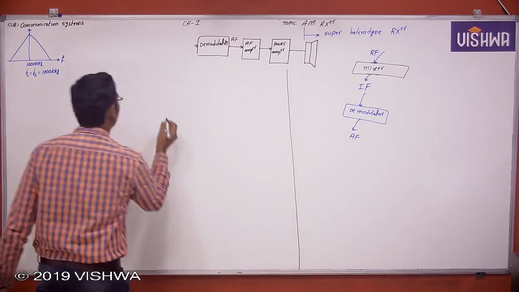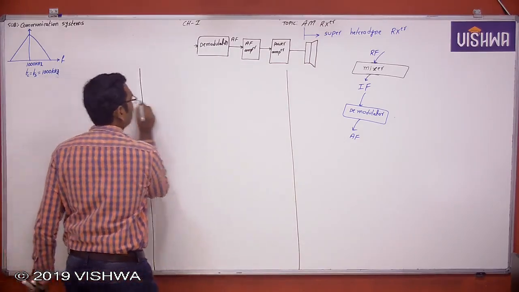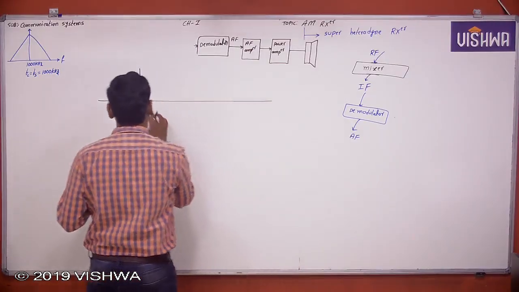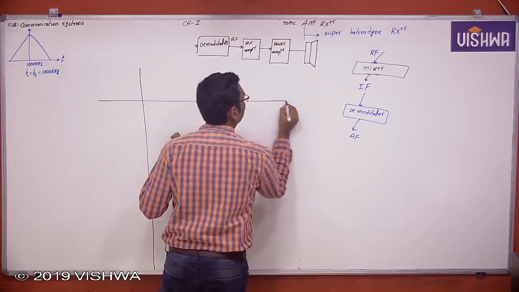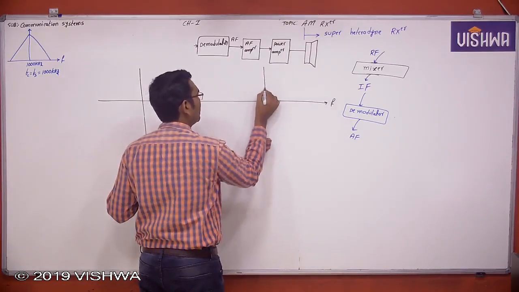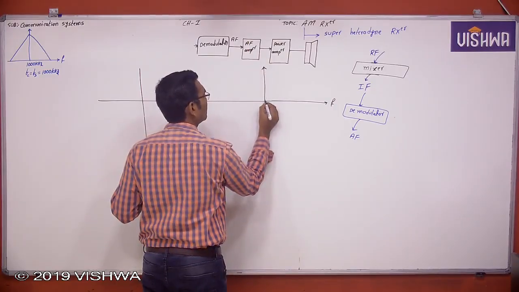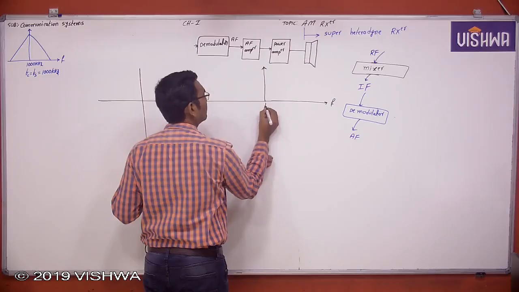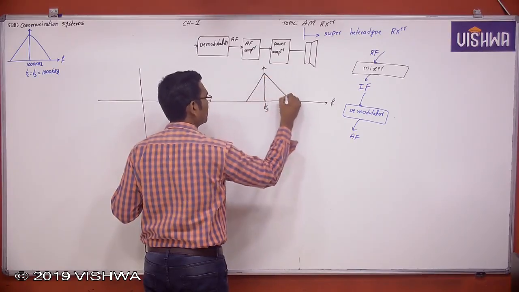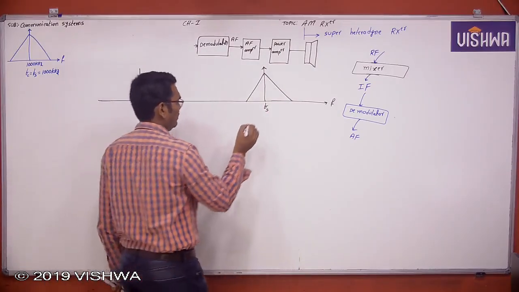Now see here, for example, this is a low frequency range. This is the high frequency signal, Fs.